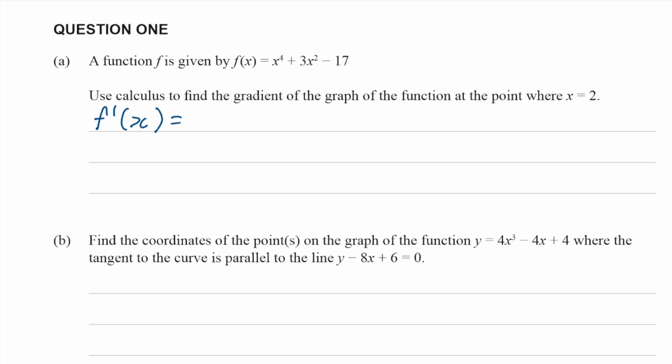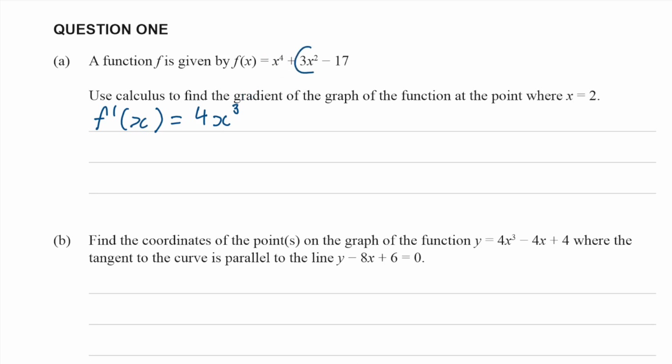And so the derivative of x to the power of 4 is we take the power, 4, and multiply it out the front, giving us 4 times x to the power of 4, but instead of to the power of 4, we subtract 1 off of the power, which would leave us 4 minus 1 gives 3. So the derivative of x to the power of 4 is 4 times x to the power of 3.